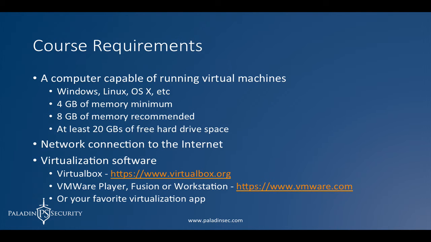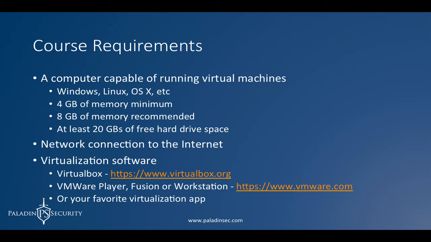As far as course requirements, you're going to need a computer that is capable of running virtual machines. You could install Nmap on your own desktop and do most of the things we're going to talk about here, but I like having things inside of virtual machines, primarily so that I don't clutter up my primary use machine. This virtual machine can be running on Windows or Linux or OS X. We're going to be working with Kali Linux.